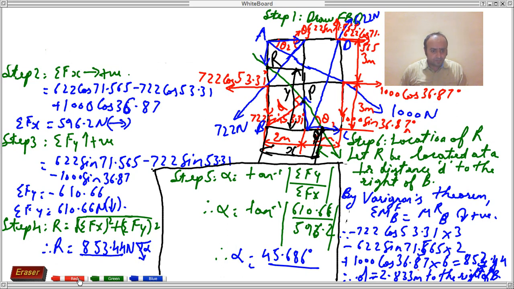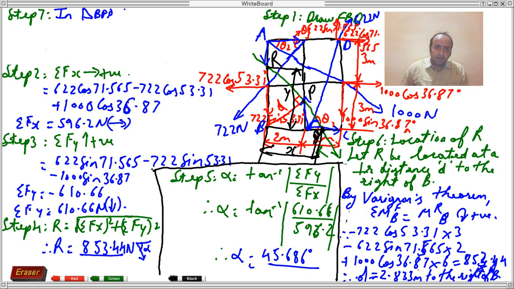So now, my dear friends, let's go ahead. I will be writing this as step number 7. In right angled triangle BPQ, if you can see very clearly, this is the angle alpha of the resultant.